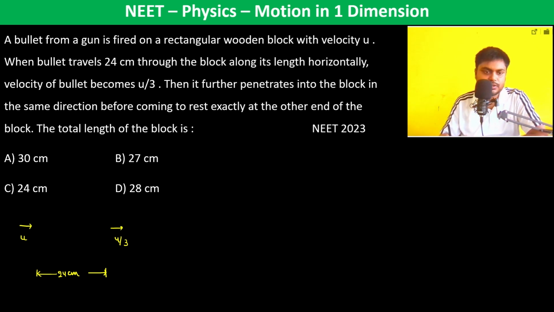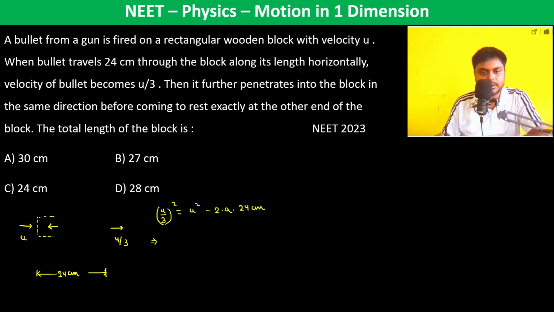So of course when it is penetrating the wooden block, the wooden block is resisting its motion, so therefore the acceleration is in this direction, which is negative. So therefore v square, final velocity u by 3 whole square, is equal to u square minus 2 into a into 24 centimeter.